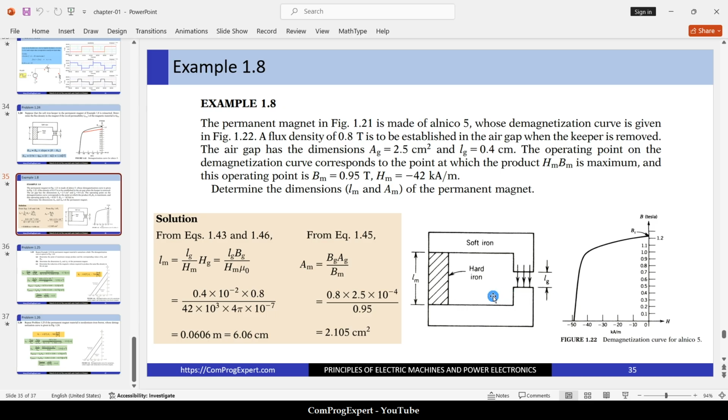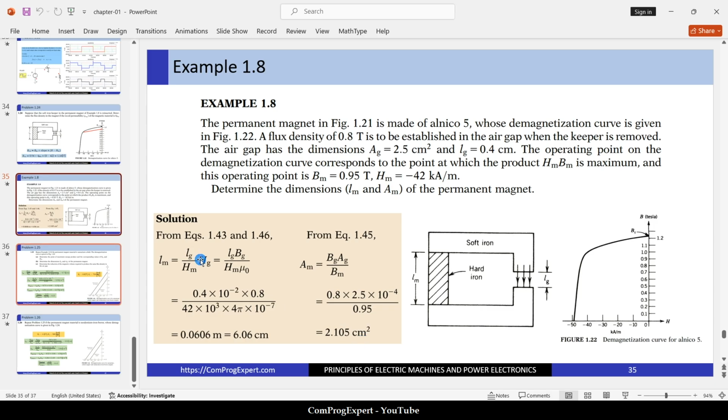So if we are going to have 0.8 Tesla in the air gap and consider the maximum energy product for the operating point, the length of the magnet should be 6 centimeter and the cross section area should be 2 centimeter square.